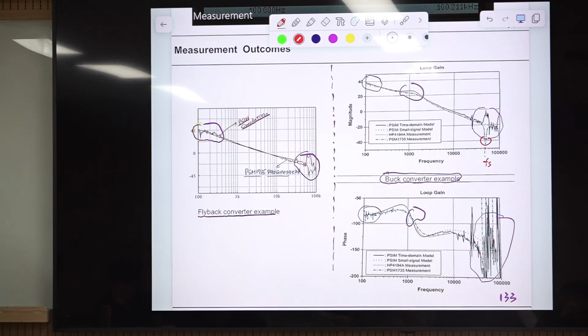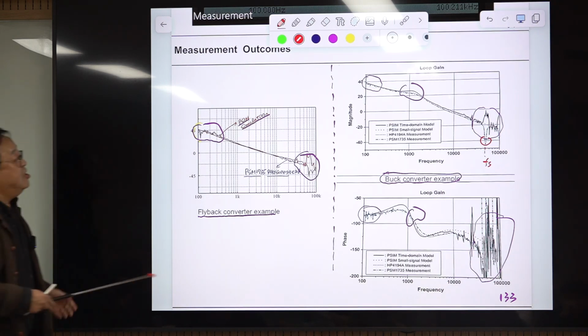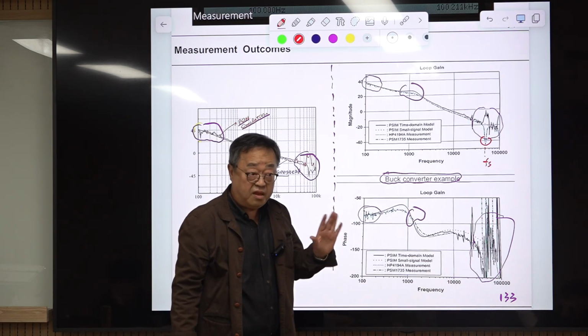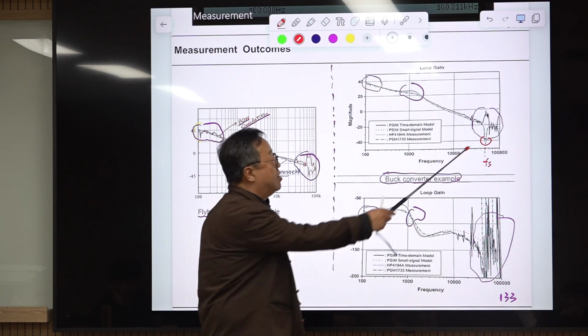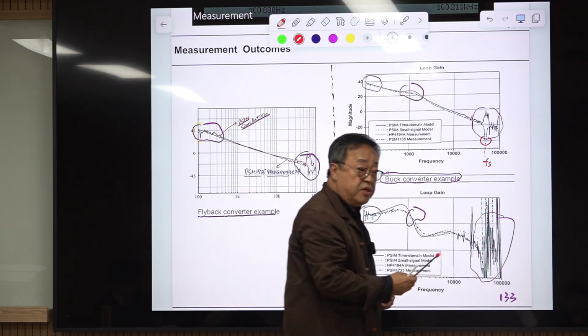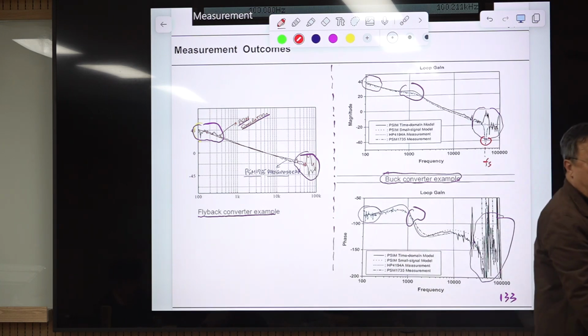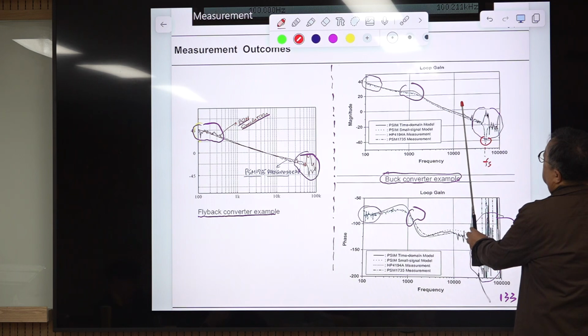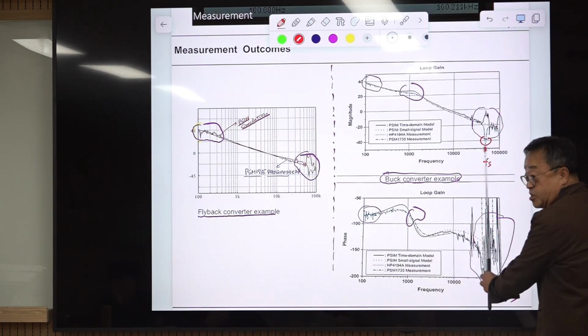Another reason is that in this area, the small signal model breaks down. It is no longer valid at this high frequency. So the conventional wisdom is to place the loop gain crossover frequency far less than this area.